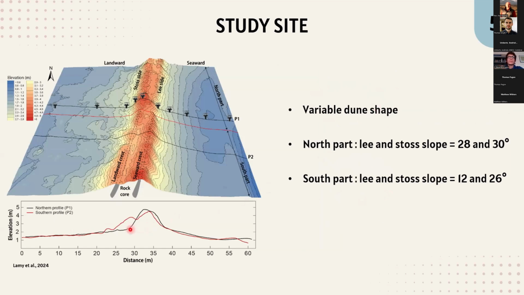As you can see here, on the northern part of the dune, there is a very symmetrical shape with a steep lee and slope. And on the southern part, as you can see here in red, there is an asymmetrical shape with a lower lee and slope. And there is a double crest on the dune because of the two straight lines of rock in the core of the dune. And in the northern part of the dune, there is no rock core, just a mound of sand.